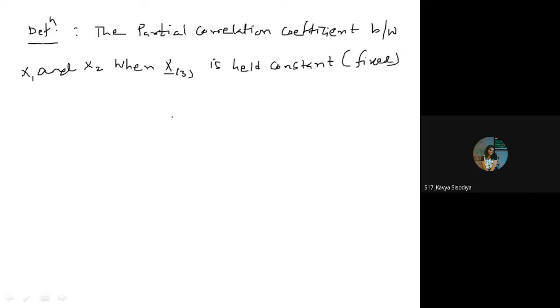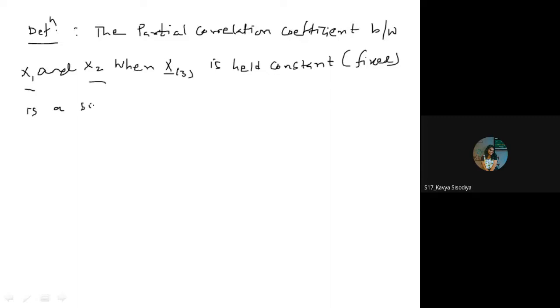We have two regressions, x1 on x3 and x2 on x3, and I am interested in finding the correlation between x1 and x2 when x3 is held constant. This is known as the partial correlation.